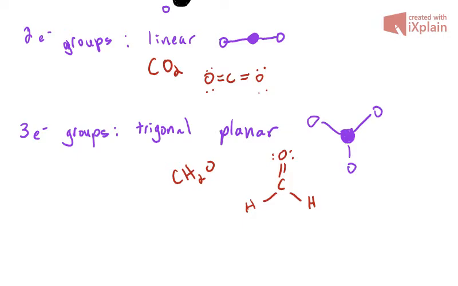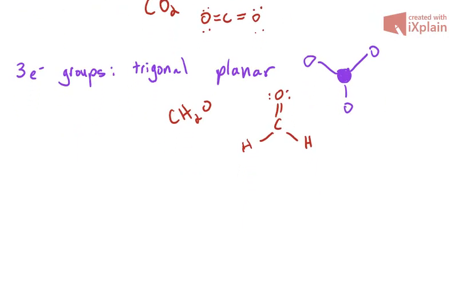Since there's 3, they're going to make this trigonal planar shape. Does that make sense?